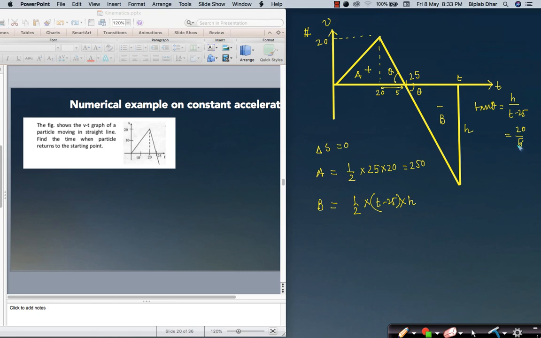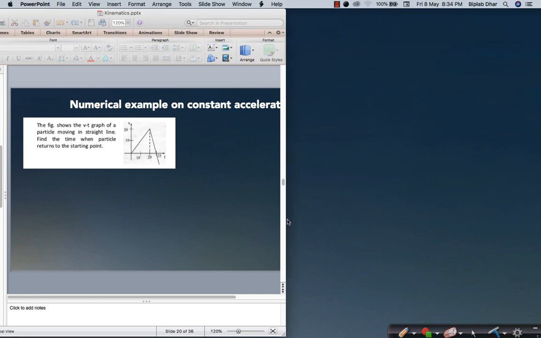So 20 by 5 is 4, and h is 4 into (t minus 25). So area B is half into (t minus 25) square multiplied by 4, and that should be equal to 250, as the areas should be the same.